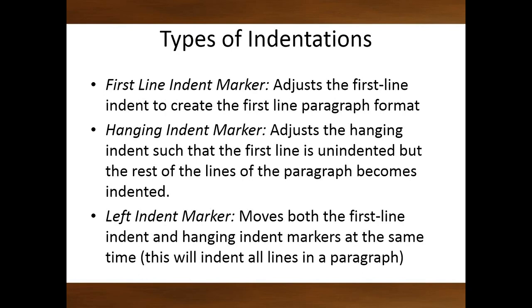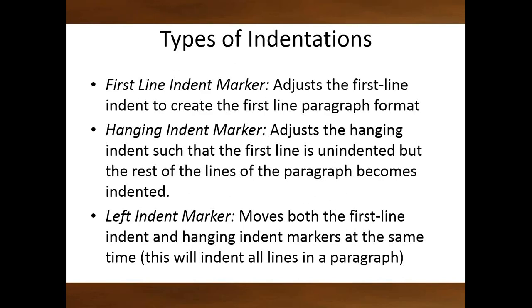So here you should note that usually indentations apply to paragraphs. Indentations are normally used to apply to paragraphs, usually for the purposes of identifying from one paragraph to the next, or for the purposes of showing emphasis on a particular text.